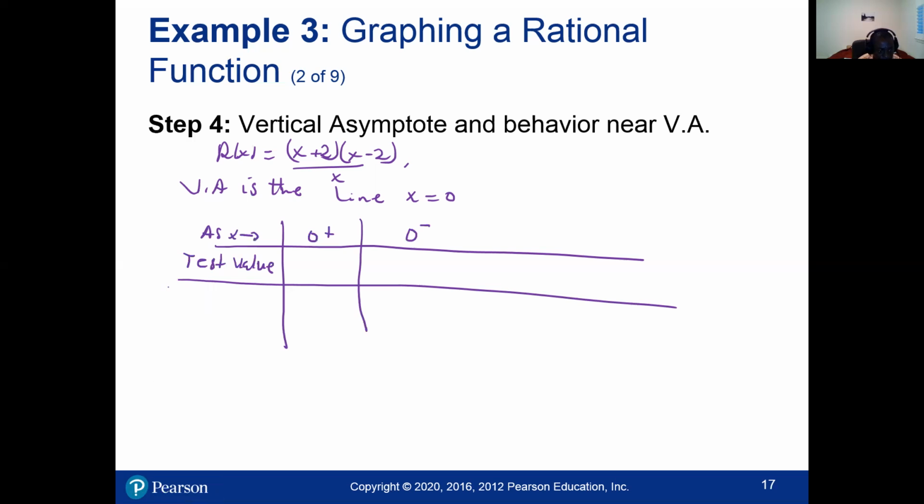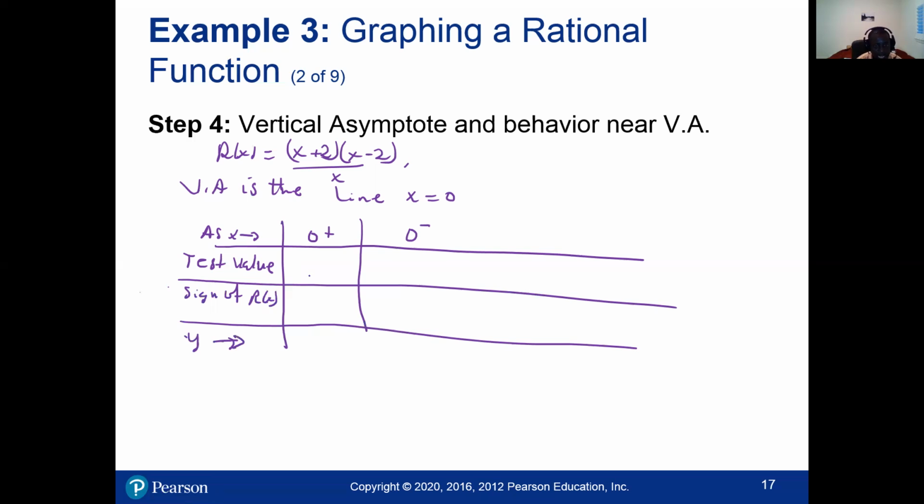And then what's your conclusion? The f of x, in this case, is your y. Y approaches what? Y goes to what?